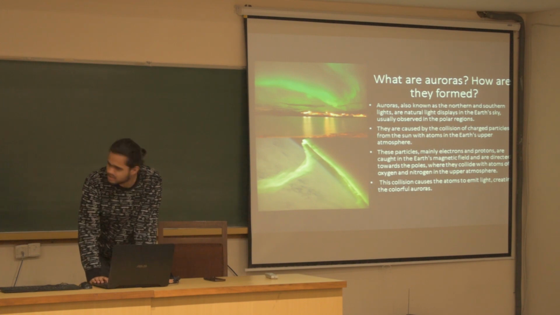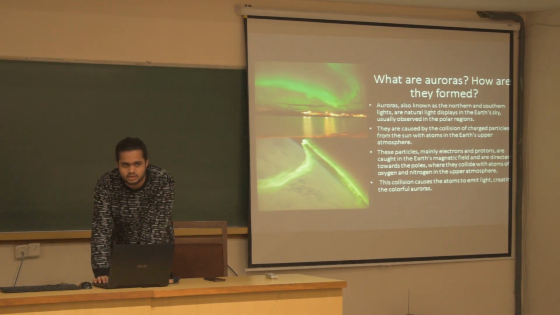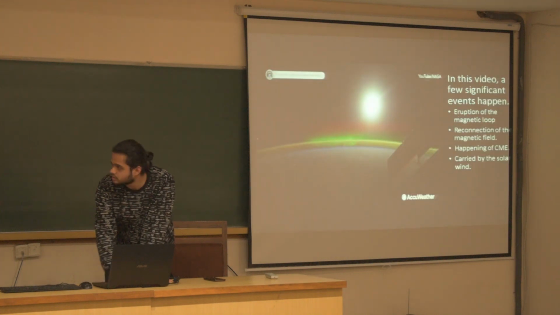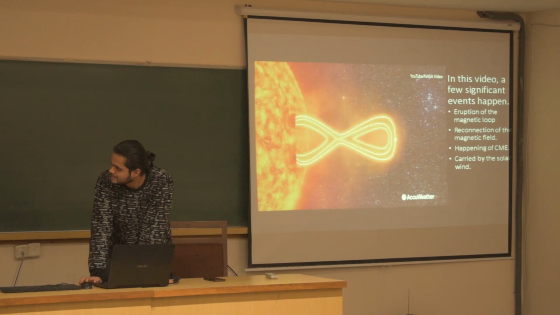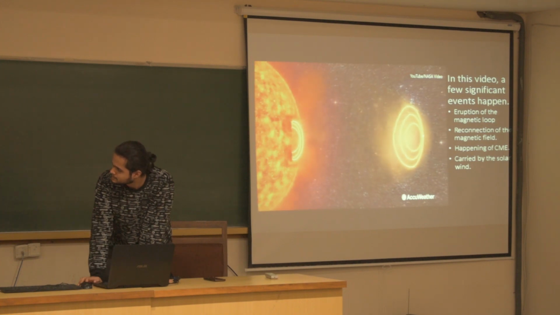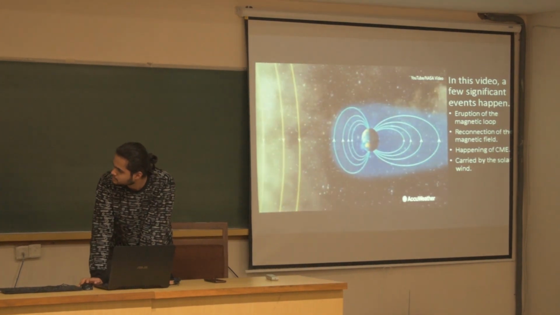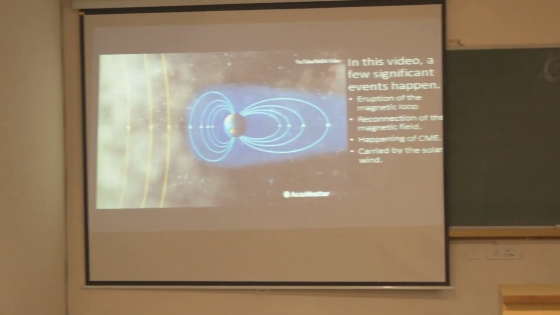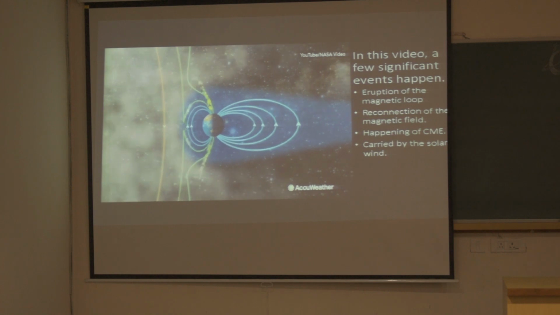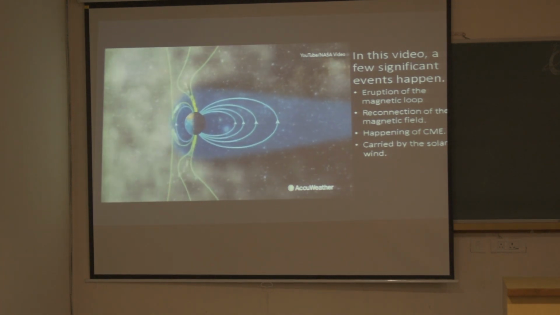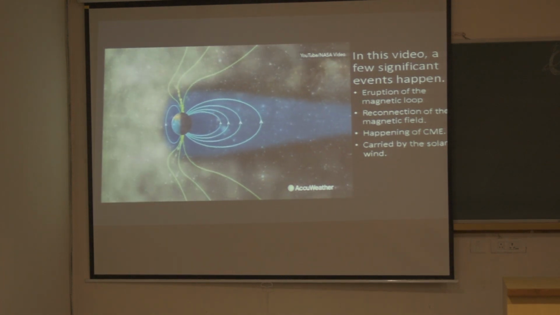This is just the theory of how auroras form, but you don't want to go through all the theory. So there is a video which tells how auroras are formed. Let the video play and explain.